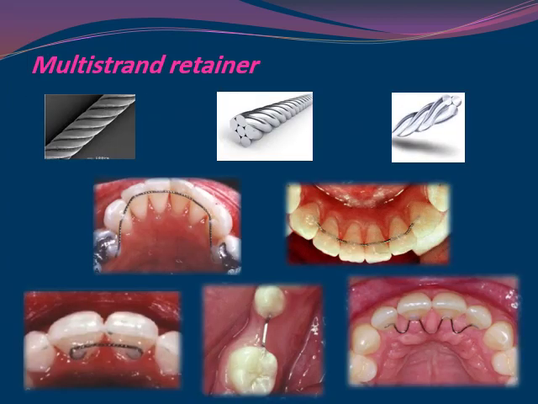There are different types of fixed retainers. The first type is the multi-strand retainer. This type of retainer is made of stainless steel wires, which may be 3 wires, 6 wires or more, that consolidate with each other in the form of a braid.